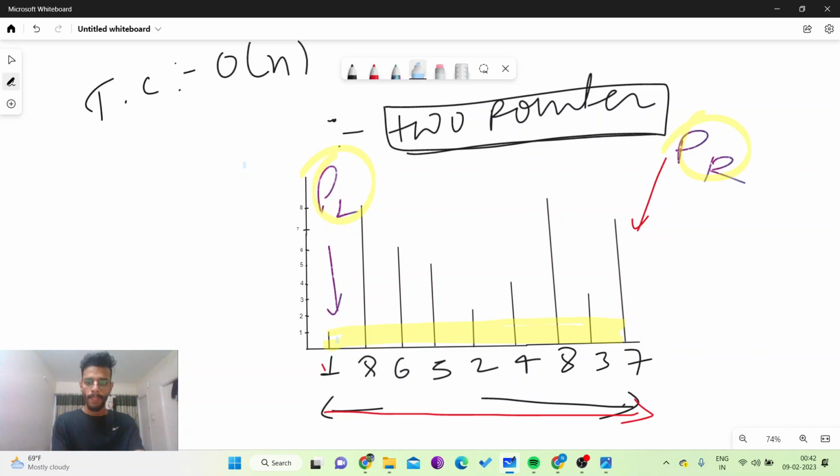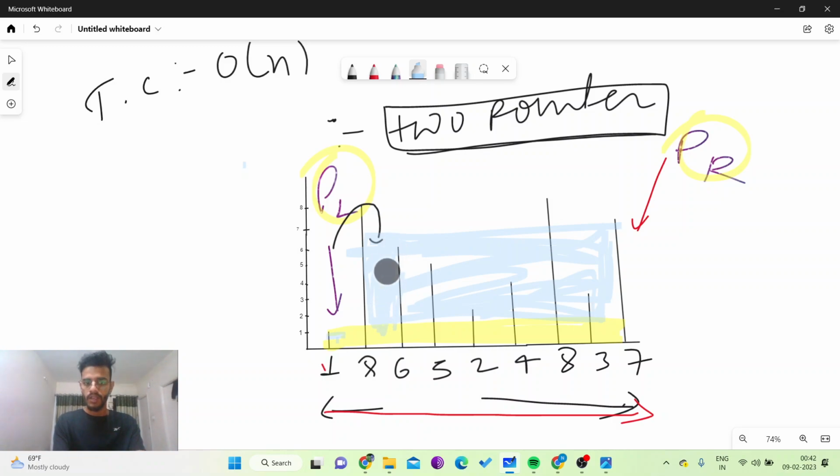Now in this situation, if I move this pointer to another one, then the next maximum area I will get is this one, where I can store the water.